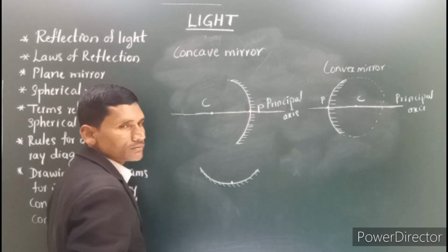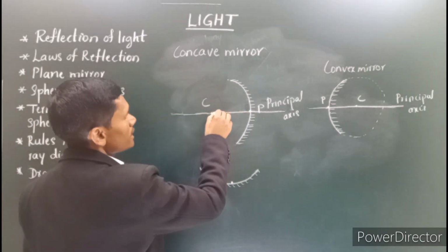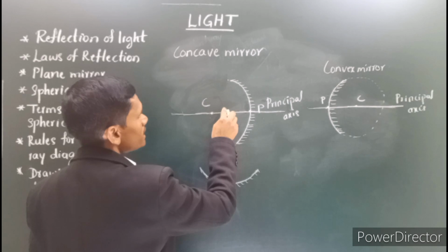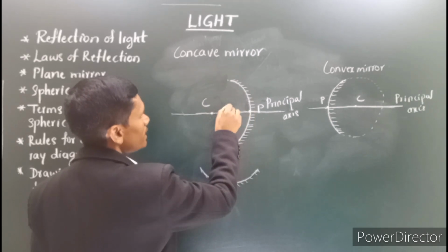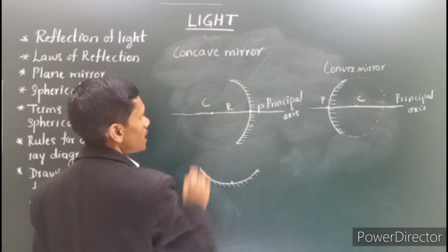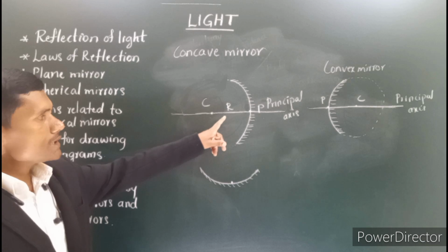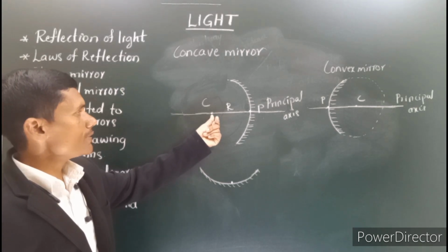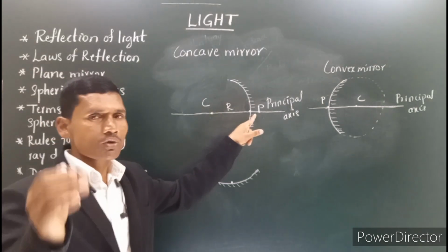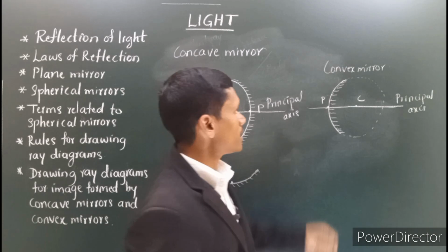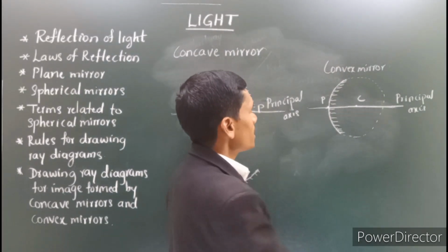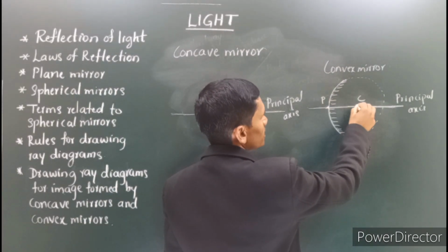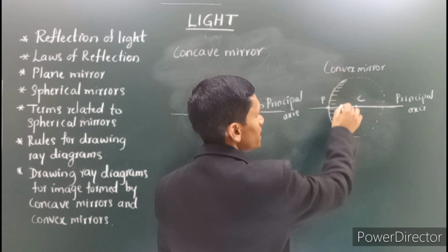Radius or not? Simple, right? Since it is the radius, we call this the radius of curvature and denote it by the letter R. The distance between the center of curvature and the pole of the mirror is called the radius of curvature. Here also, in case of a convex mirror, the distance between the pole and the center of curvature is called the radius of curvature.